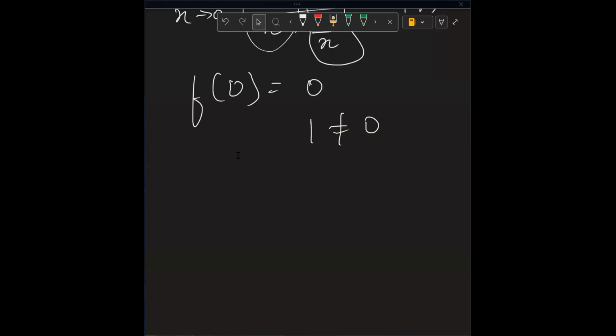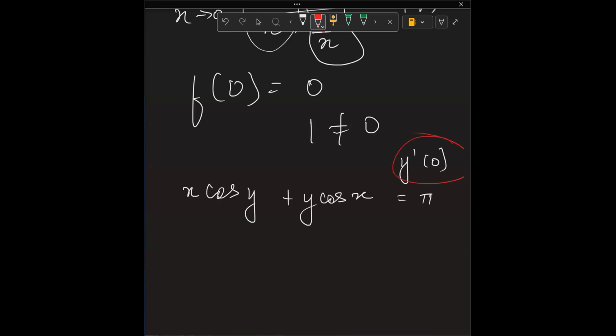Okay, so the question was x cos y plus y cos x is equal to pi, and you have to find y dash at x equals to 0. Do you know this representation? What does this representation mean to you?